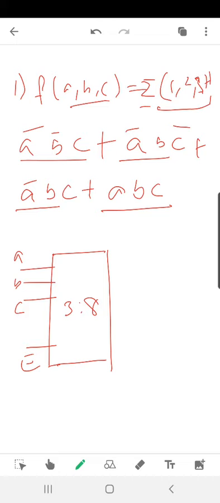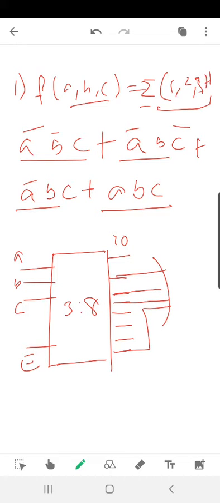And we will get outputs y0, then y1, y2, y3, y4, y5, y6, and y7. We require y1, so y1 will be this, then y2, this is y2, this is y3, and then we require y7. So put all the 4 through an OR gate.